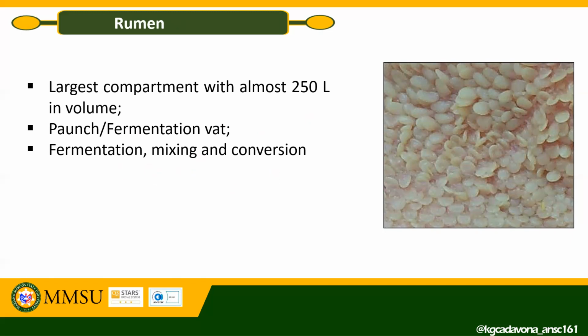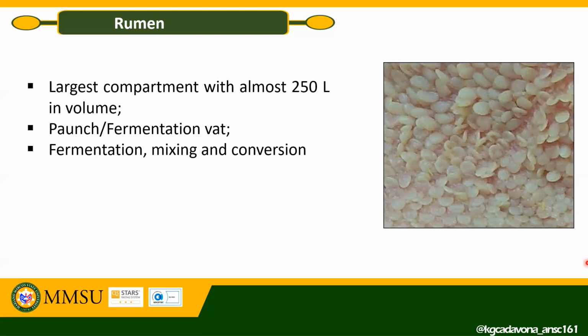So pag sinabi natin na fermentation, usually this is the process wherein the animal, specifically the ruminant animals, convert the feeds that were being ingested into energy sources. So the rumen basically stores the feed that a ruminant animal regurgitates or rechews and reswallows.